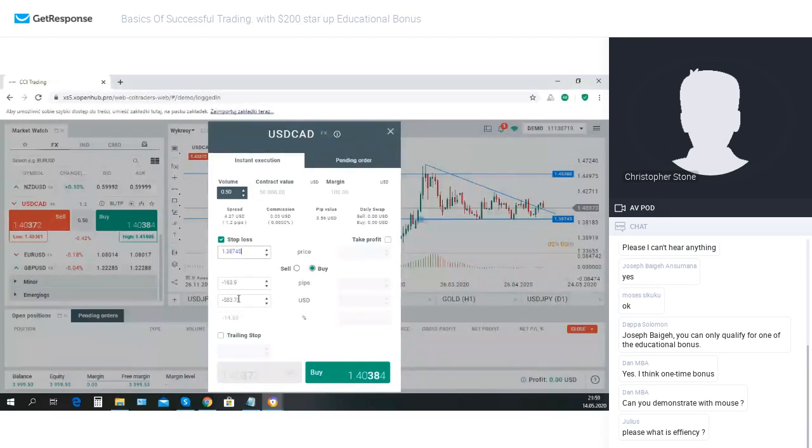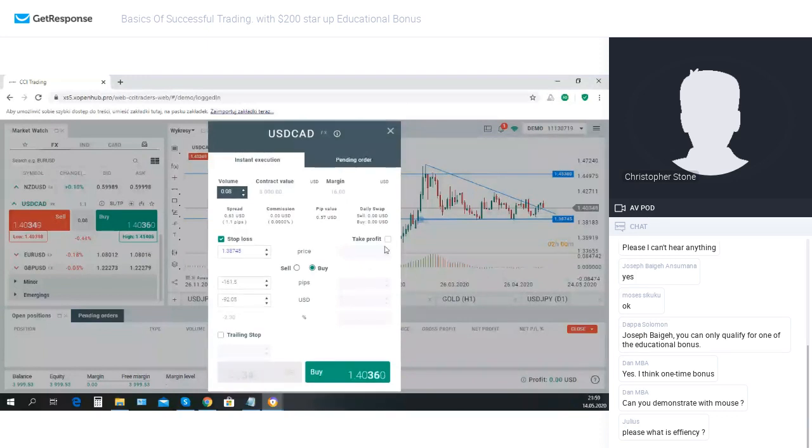Of course, some of you will be able to risk much more, like for example $1,000. But let's focus on this example that we are using only $100 per trade. Okay, so we got 0.08, $92.